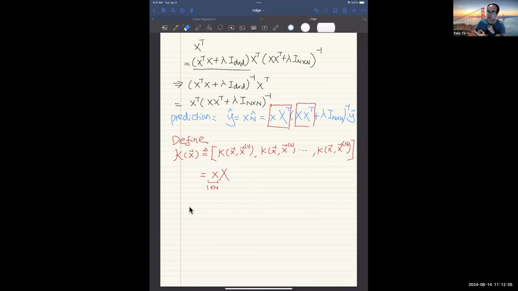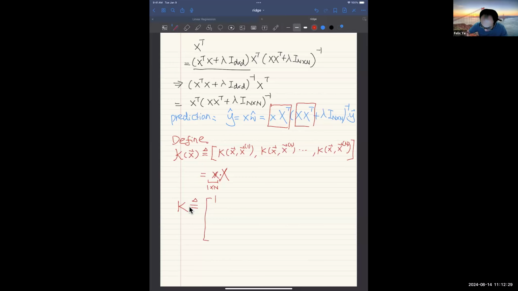And the product of this. In addition, we can write this matrix.